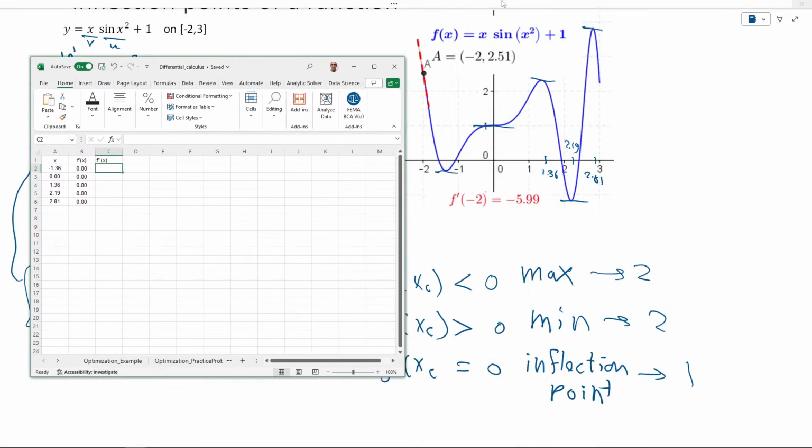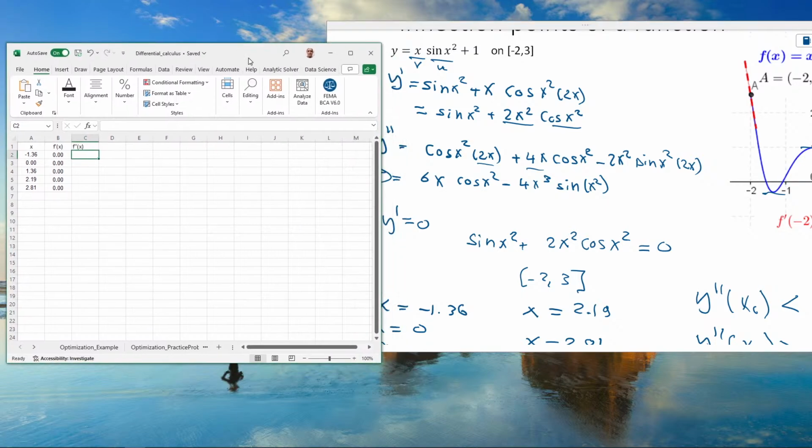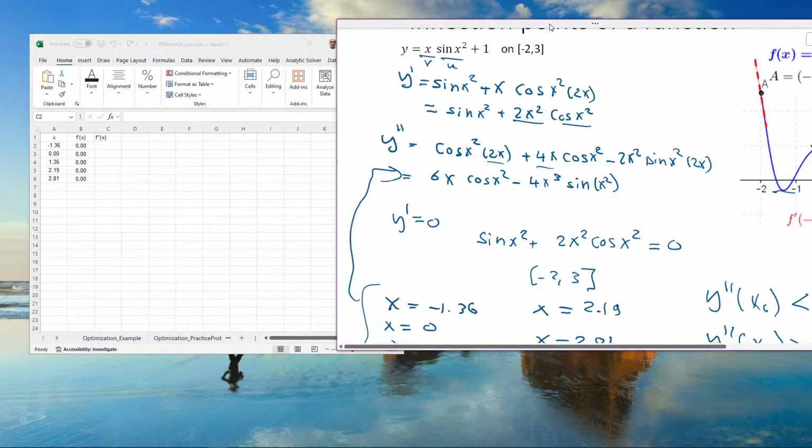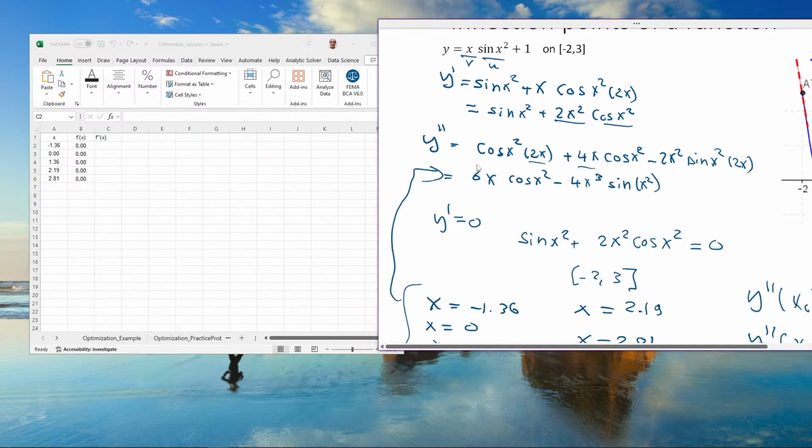Now I want to find my second derivative. How do I do this? To do my second derivative, I have an equation for it, this guy.